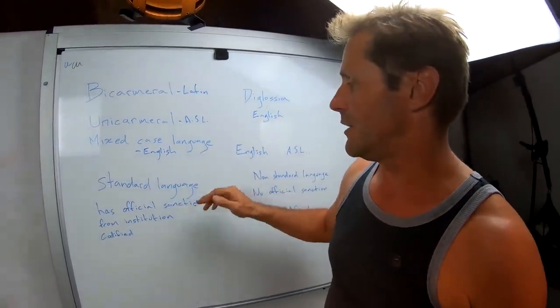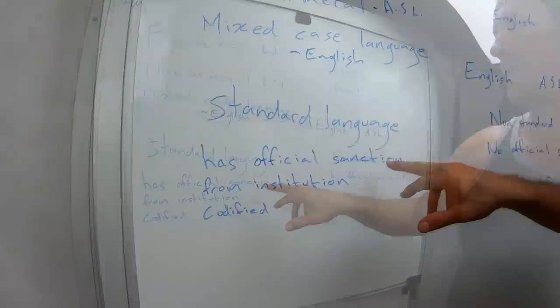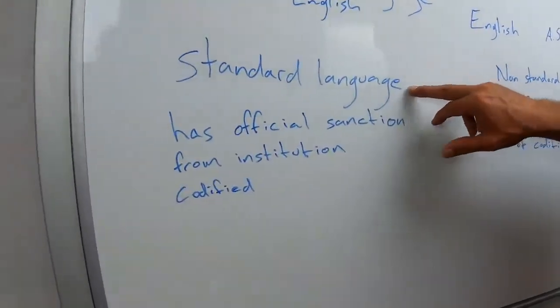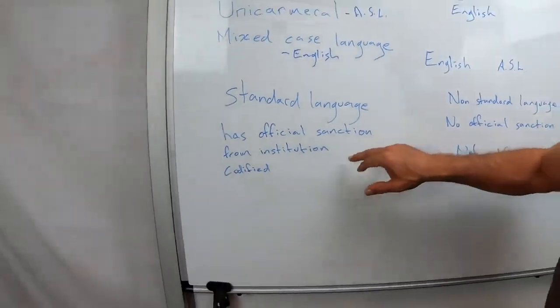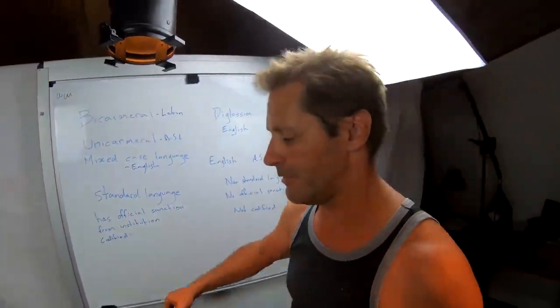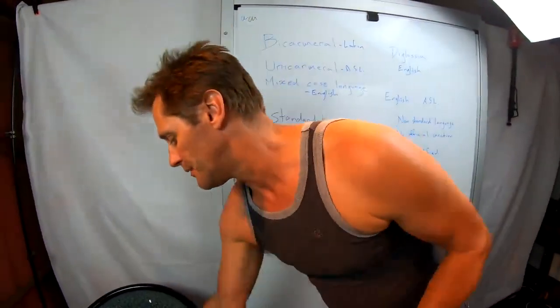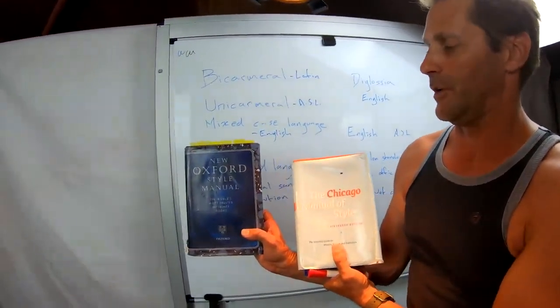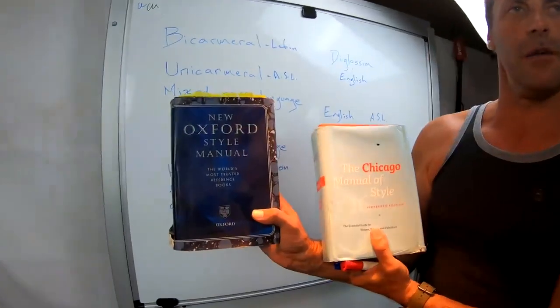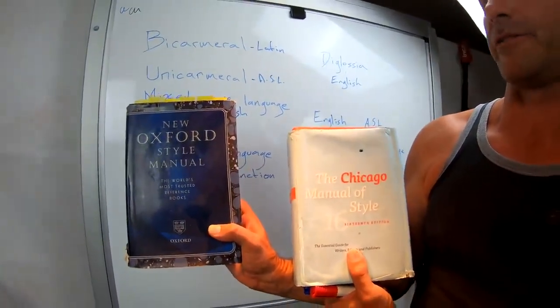Now, one thing I've found is something called a standard language, guys. This is in the manual. So the basic definition is it has an official sanction from an institution and it's codified. So there's a couple of codified languages there. So the Oxford for the English and the Chicago for the American English. Okay, guys, and they both reference each other.